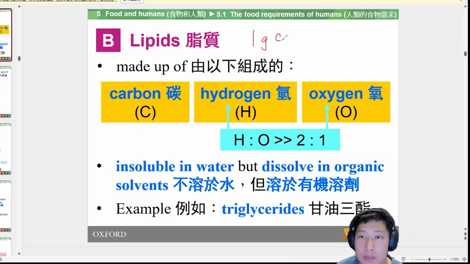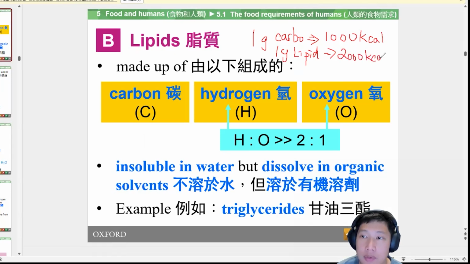In this case, we will say that this 1 gram of carbohydrates may equal 1,000 kilocalorie. But if we have 1 gram of lipid, then it may contribute around 2,000 kilocalorie.